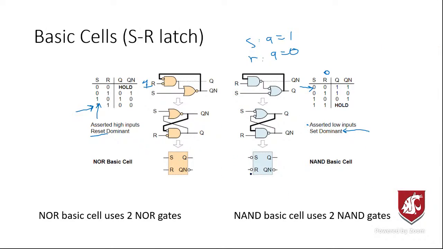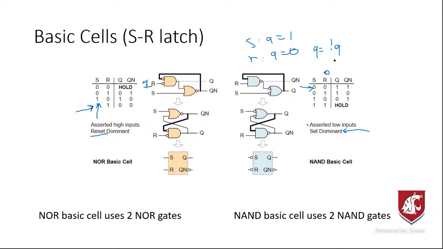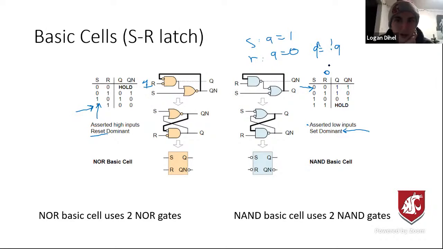Okay, and then what is QN? QN is just not Q. So if this is a 1, this is a 0. I guess that's not true in this case when they're both asserted, but typically they're going to be the opposite.